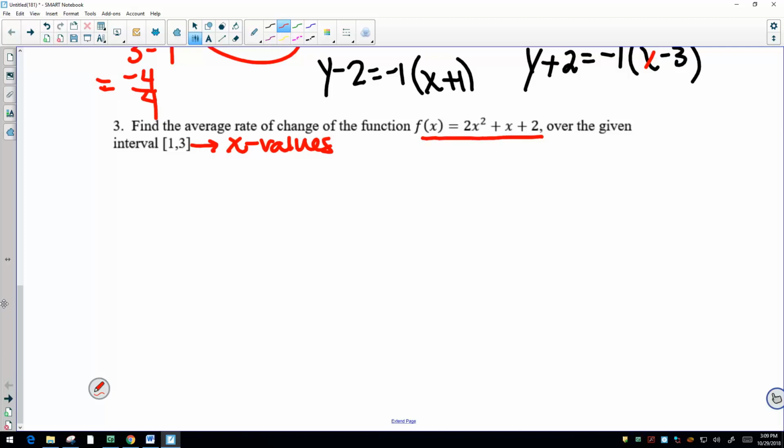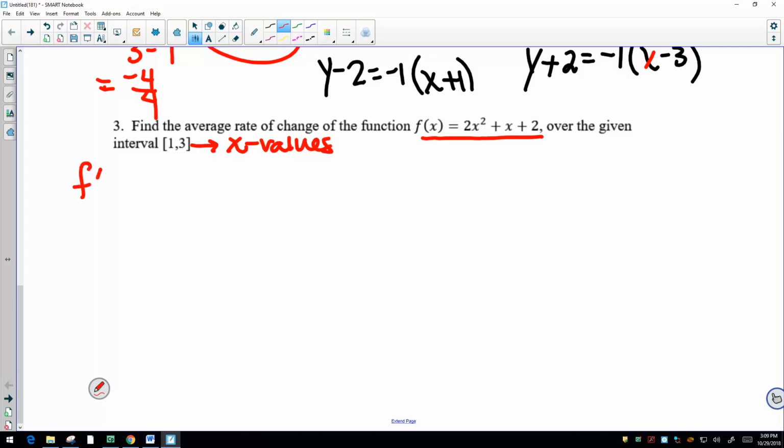So I'm going to be finding a rate of change slightly different from slope in the fact that it's not constant. It's not a constant rate of change. It will be changing all over the parabola. It'll be one value for the interval 1 to 3. It would be a different value if we took a different interval.